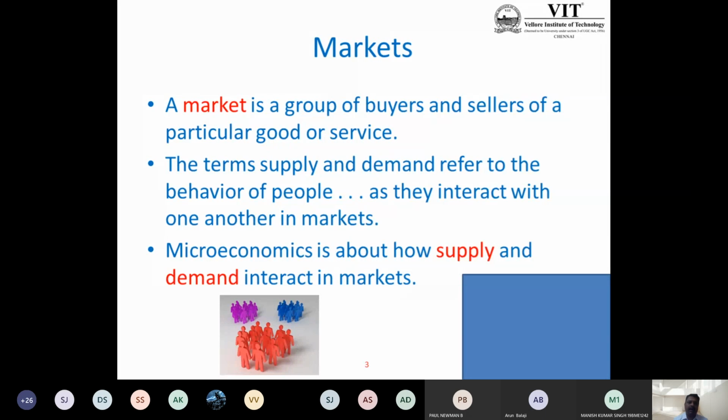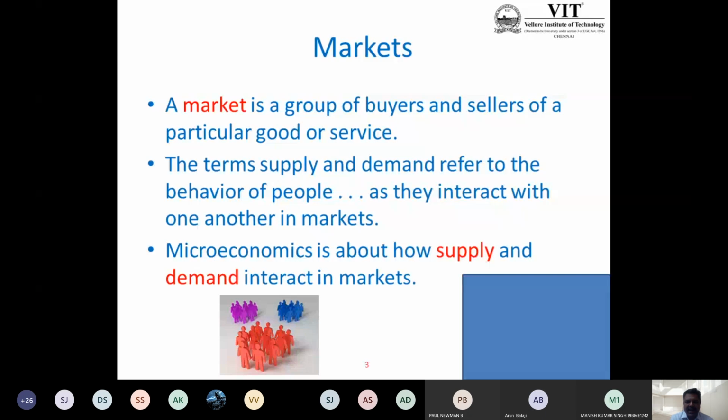All these things are markets. A market can be virtual, a market can be physical. Basically, market refers to a set of buyers and sellers. If there is a buyer, at least one, and a seller, then the place where that transaction is taking place, you can call it a market.